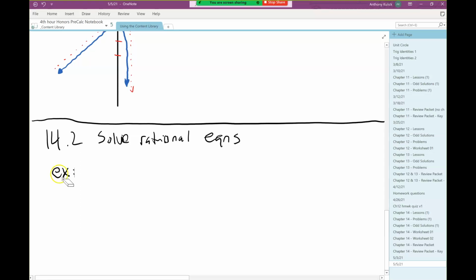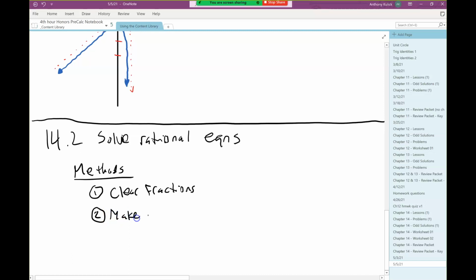Actually, before we do the examples, let's talk about the methods that you might use. The first method, and the one that I prefer to do, is clearing fractions. And then you could make a global least common denominator.